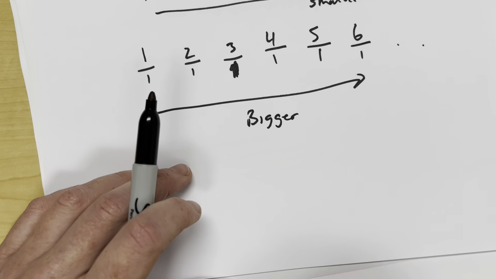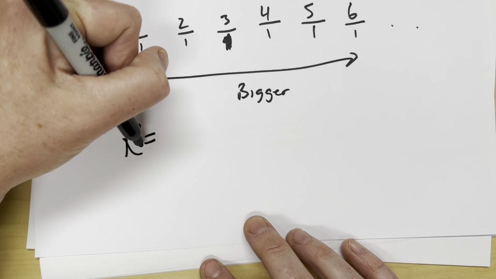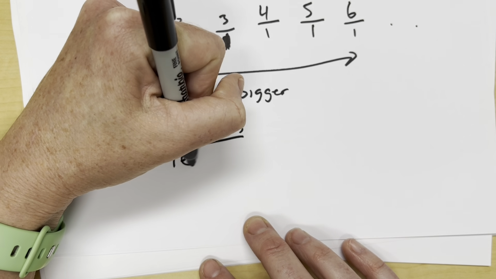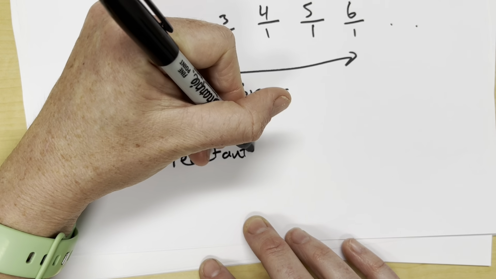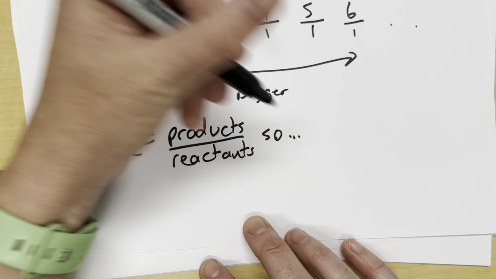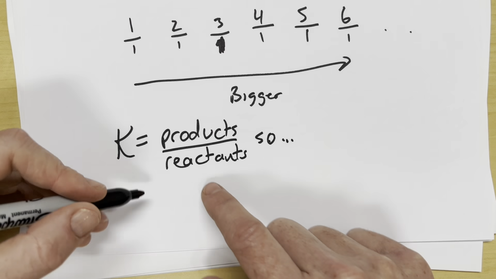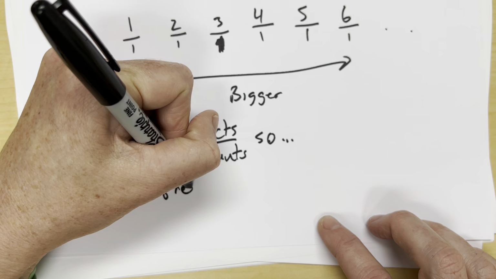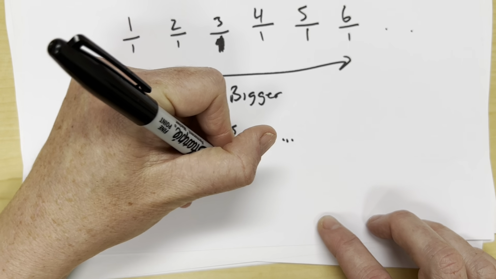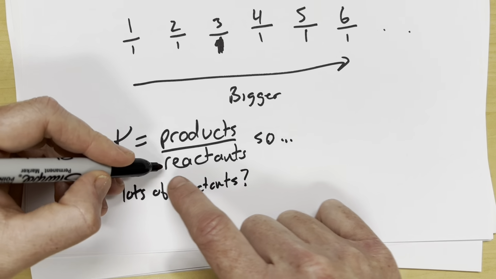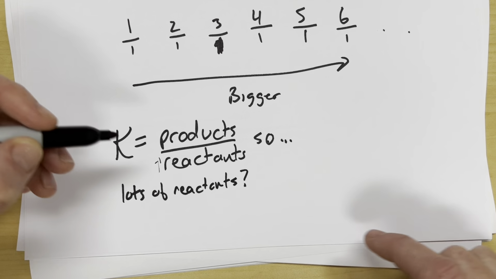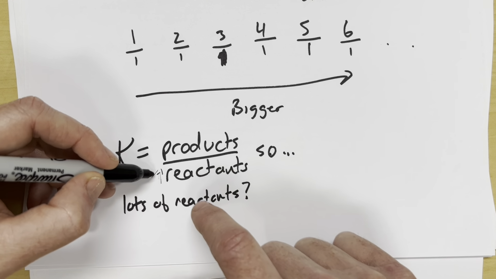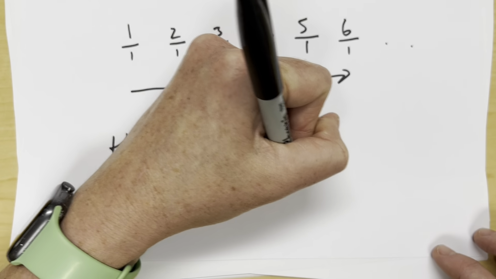All right, let's remember that K was products over reactants, right? So if you have a lot of reactants, that means this bottom number is going to be bigger, right? The reactant number is going to be bigger. And so if you have lots of reactants and this number is bigger, that means your K will be small.